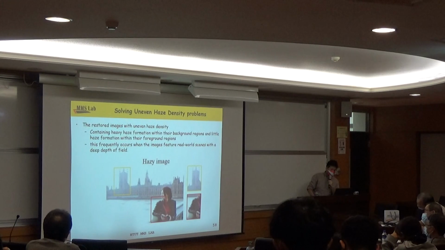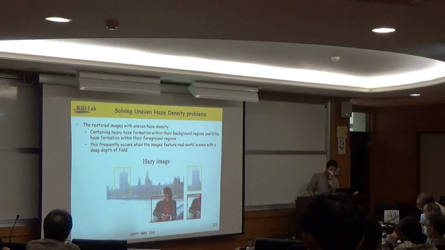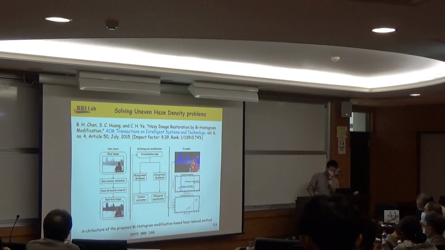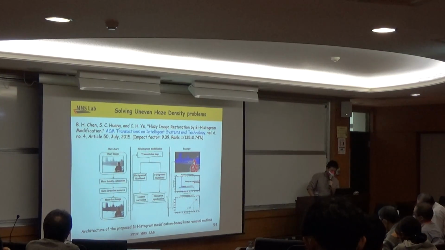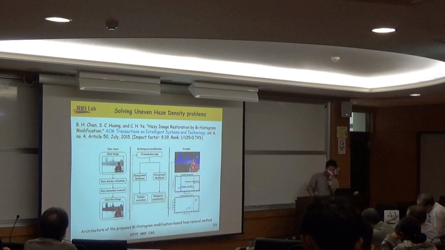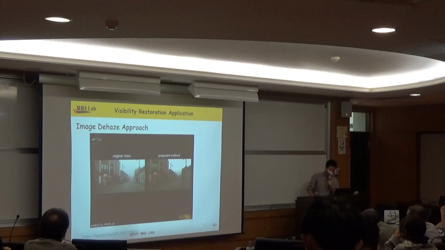So I call this the uneven haze density problem. And also I estimate which part is background and which part is foreground, and also I use a different way to recover the haze to solve the uneven haze density problem.